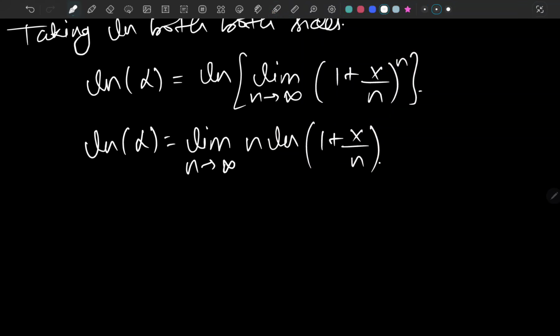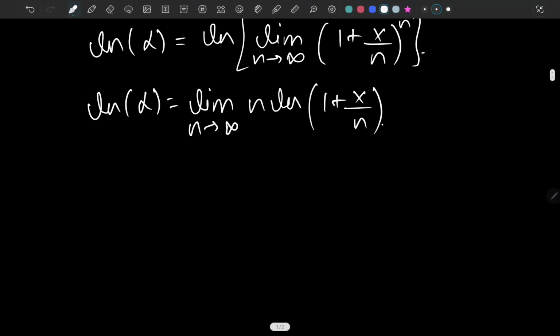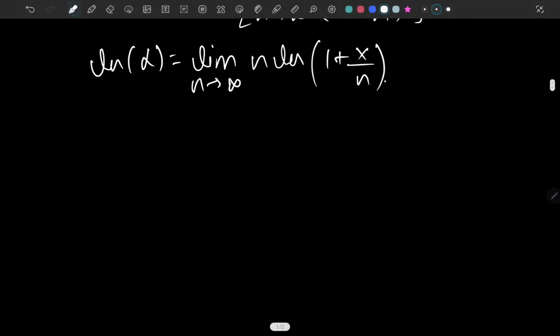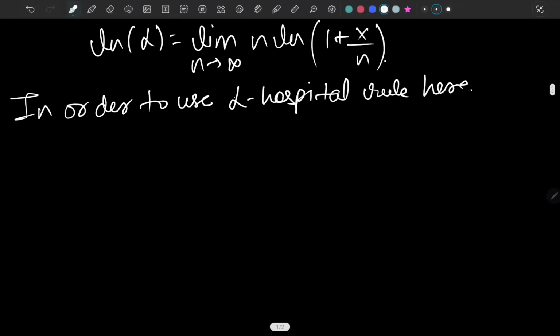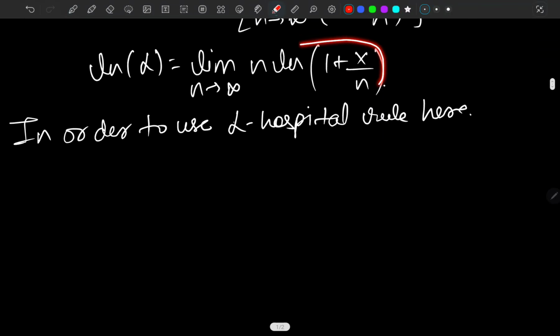In order to use L'Hopital's rule here, we have to make some changes in this part.